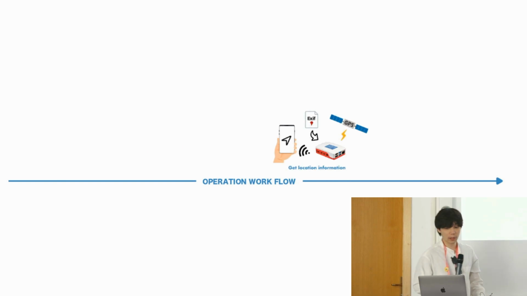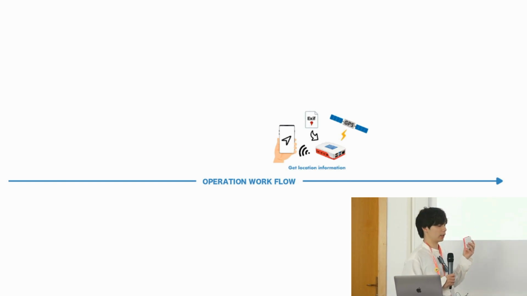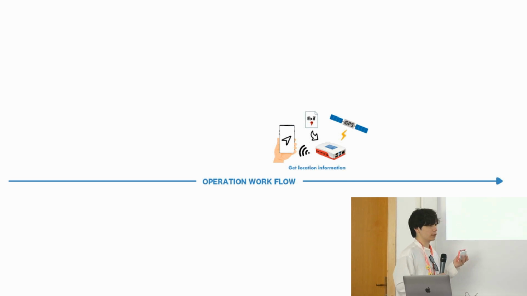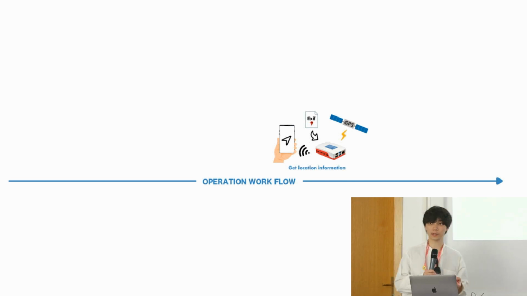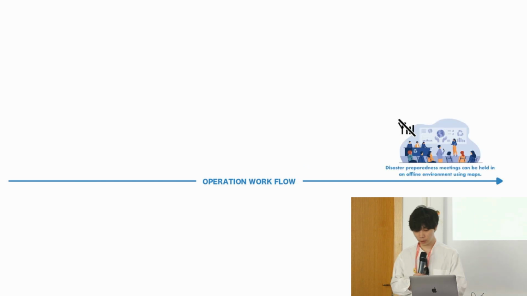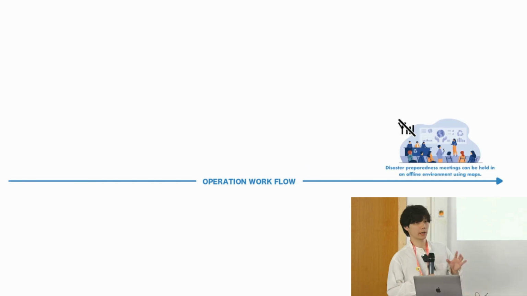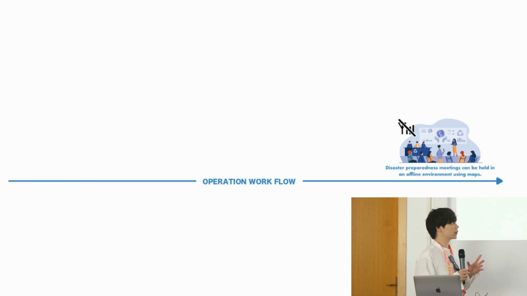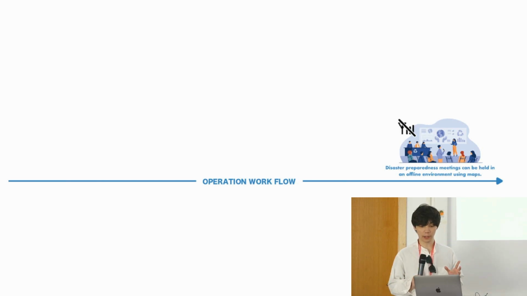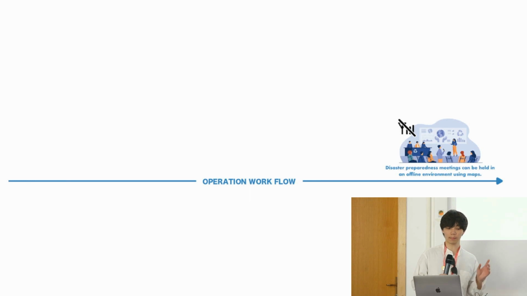Also, this Raspberry Pi can get current location data if you attach a GPS receiver. So you can see the offline maps and the current location even in an offline environment. So some municipalities and governments can discuss and make decisions even in an offline environment.